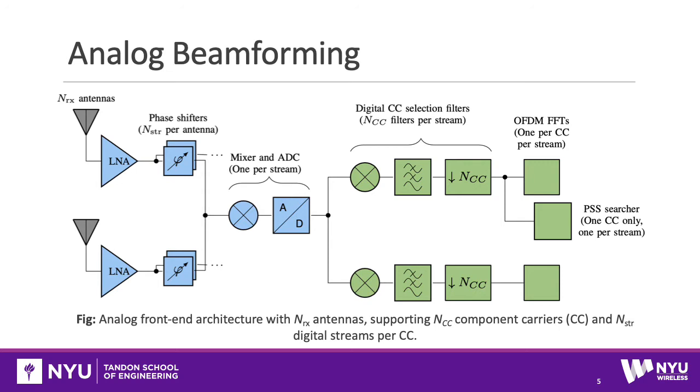In each stream, there are NCC component carrier selection filters, and similarly to the fully digital beamforming, we have one OFDM processing per stream per component carrier, and we also run the PSS searcher on only one component carrier per stream.